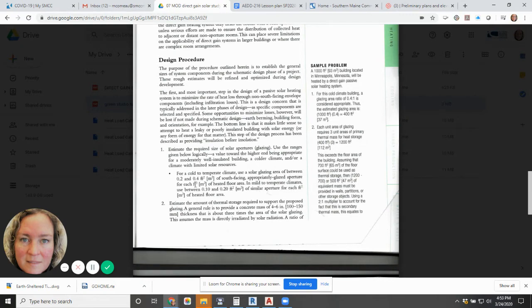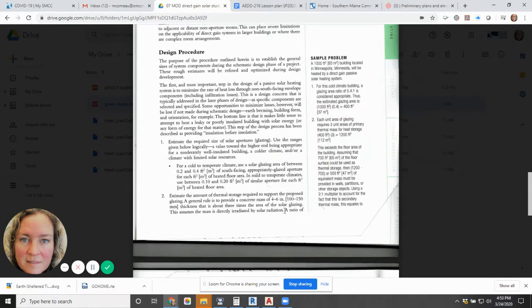And we are in colder temperature climates, so this is the correct range for us to use. If we were in milder temperature climates, you have these ranges here to use. And if we get into warm climates, we would be using cooling loads rather than heating loads.